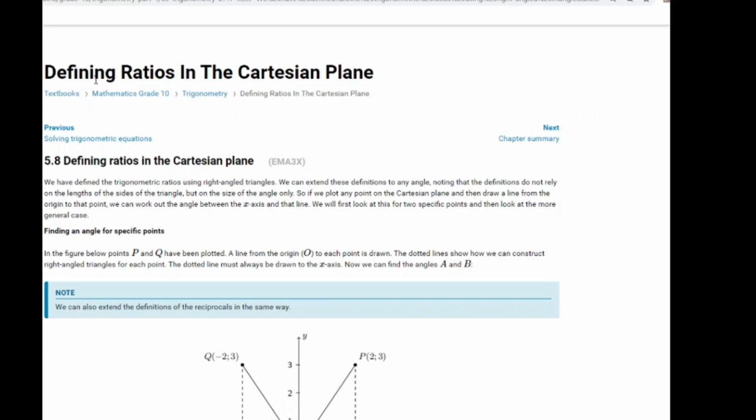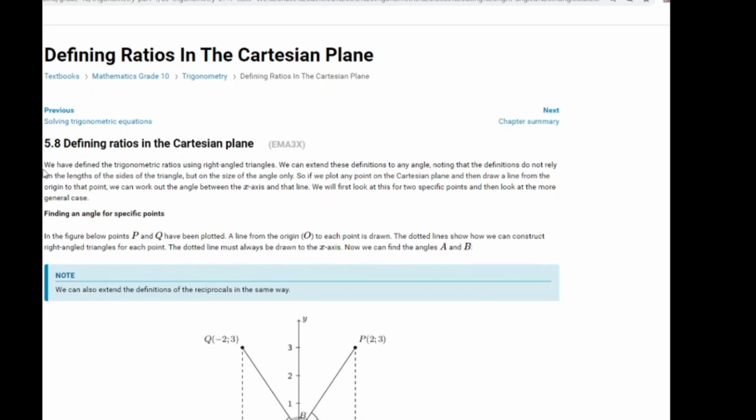So now we'll be defining the trigonometric ratios in the Cartesian plane. As an introduction, let us just read through this. We have defined the trigonometric ratios using right-angled triangles. Now we can extend these definitions to any angle, noting that the definitions do not rely on the lengths of the sides of the triangle, but on the size of the angle only.